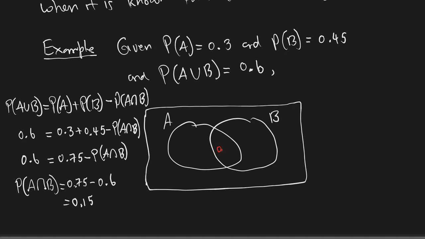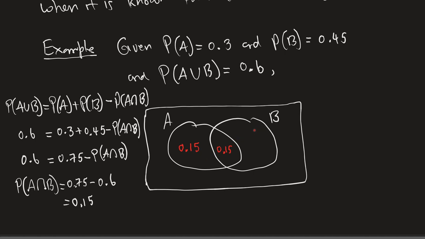So let's put the 0.15 in the overlapping region and then work our way out using the fact that, for instance, all of A must sum to a probability of 0.3. So we have 0.15 already here, so we have to have the remaining 0.15 out there, right?